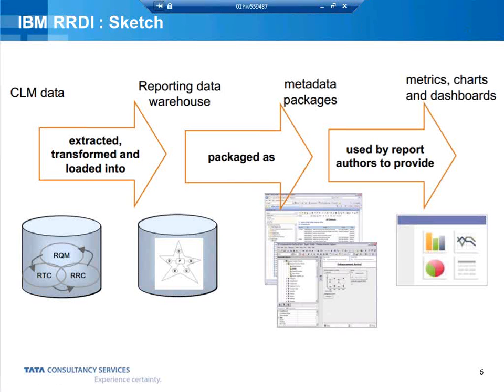So the metadata packages are used by report authors, and with that data from your ODS, operational data source, you have your metrics, your charts, your dashboard. It could be a simple table report as well as a graphical view. So that's all I have to share in the sketch.